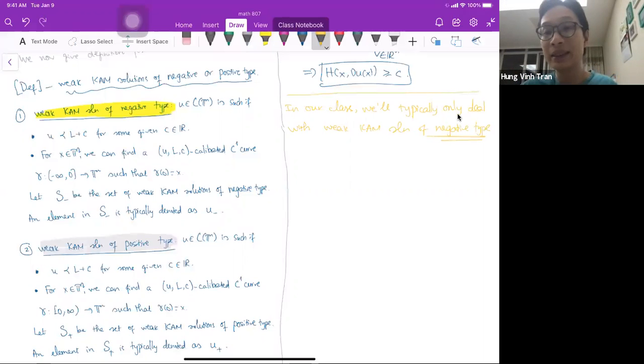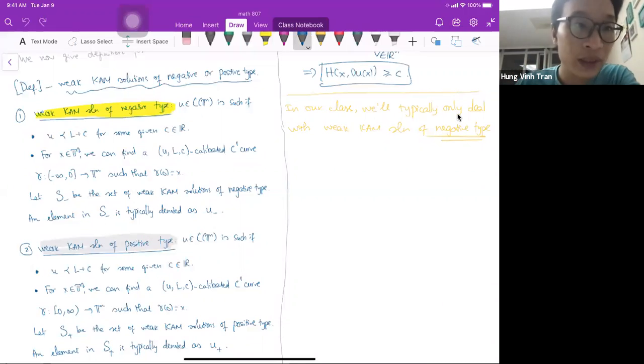Because they are essentially the same, not the same, but they are similar, and I don't want you to feel confused with too many notions. So I'm going to stick with one, and I have decided. I've thought about this a lot. Actually, preparing for each lecture is really interesting, but also taking time to decide what to go further with, and what to leave as it is. So I'm just going to focus on the negative type.